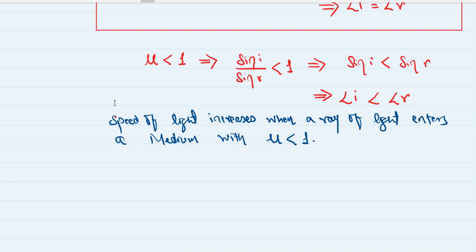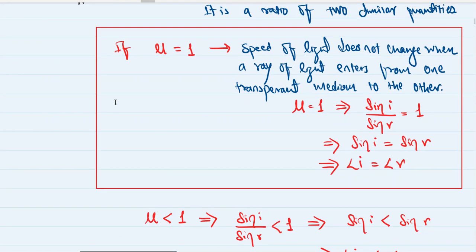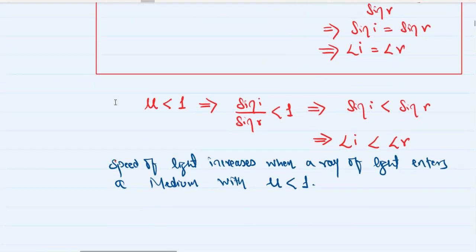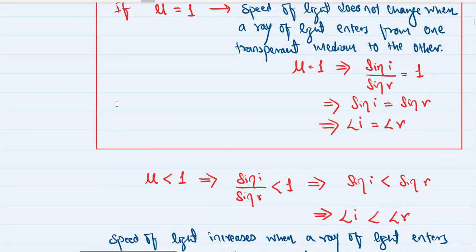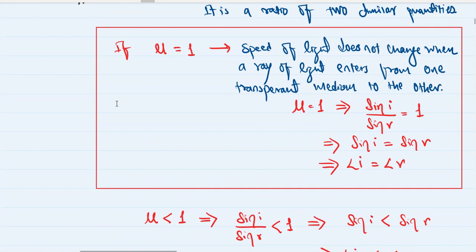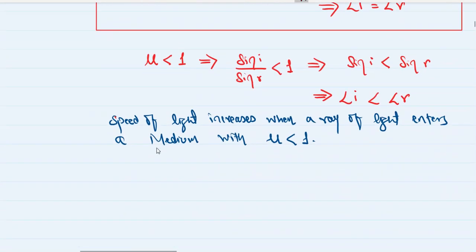Oh, I think I'm extremely wrong over here. Vacuum has refractive index equal to 1. The example over here is vacuum. Refractive index smaller than 1 is not possible.